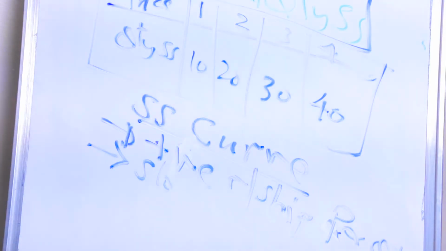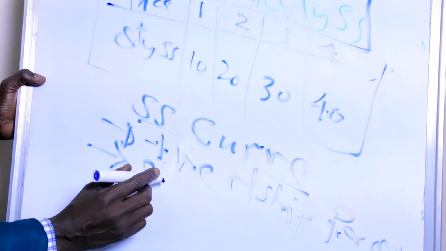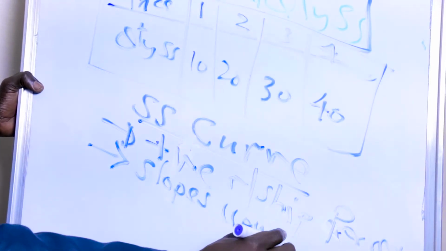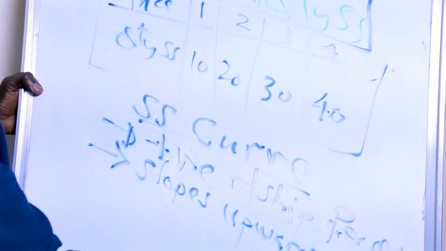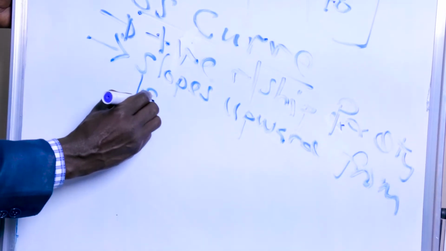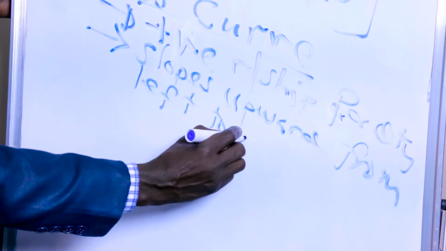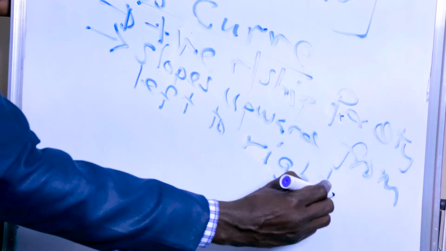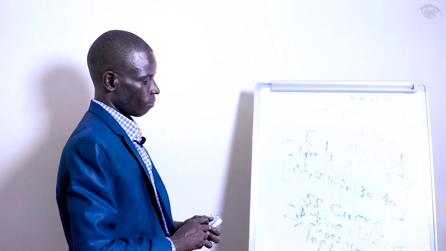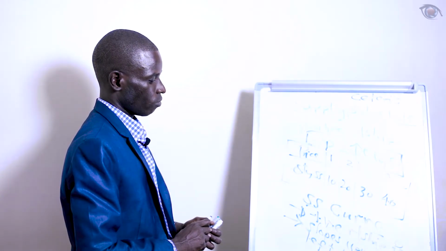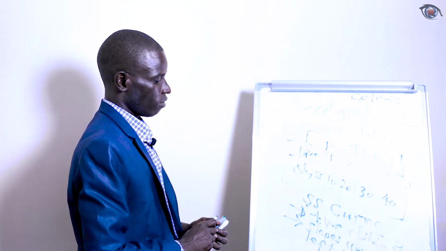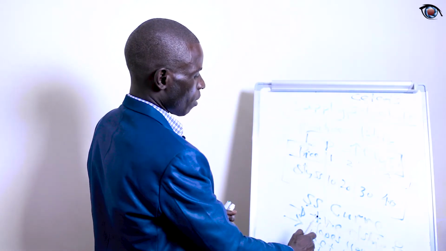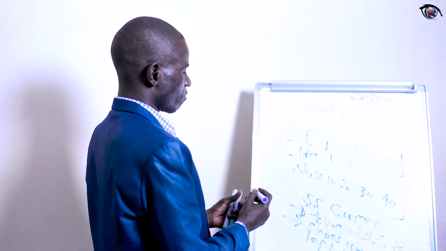The slope of the supply curve slopes upward from left to right. Is this the correct spelling for right? Okay, it does not matter anyway. So it slopes upward from left to right. It means the supply curve.